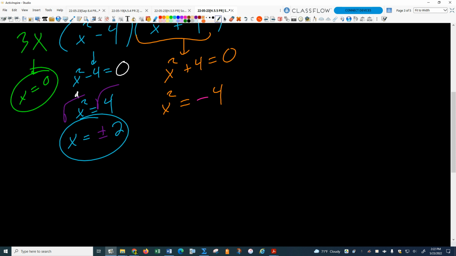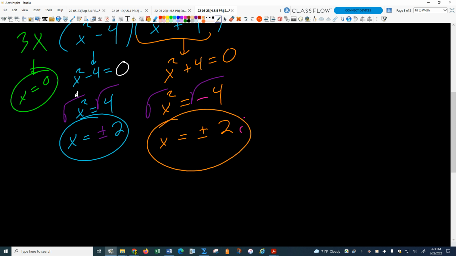Not just 2i, it's plus or minus 2i. Good. And the i comes from the square root of the negative 4, right, when I square root both sides. Okay? So there are my 5 complex solutions, right? Give me 1 to 5 on that. How are we doing? Okay? Good? Good.